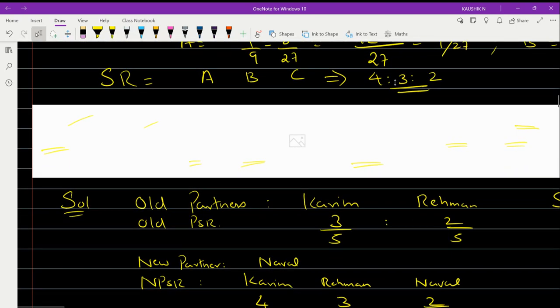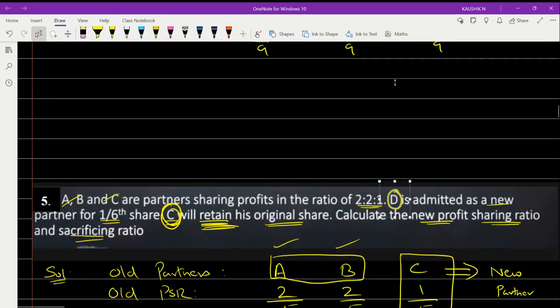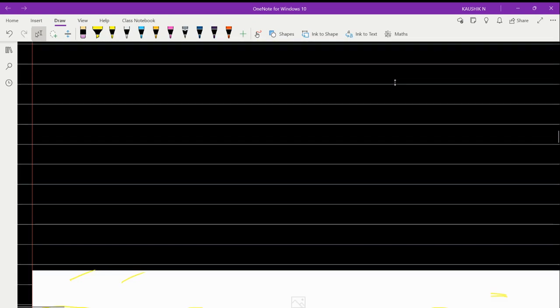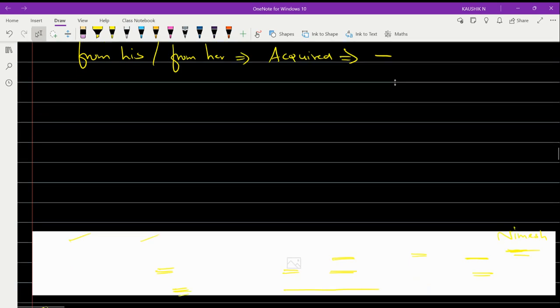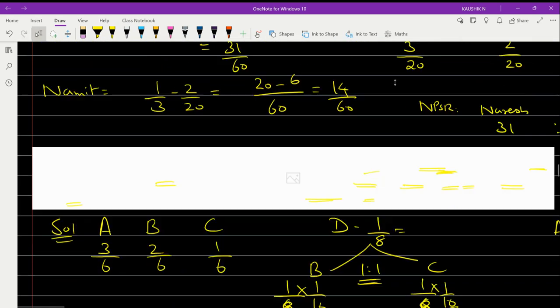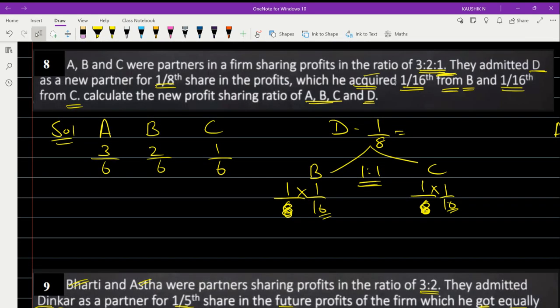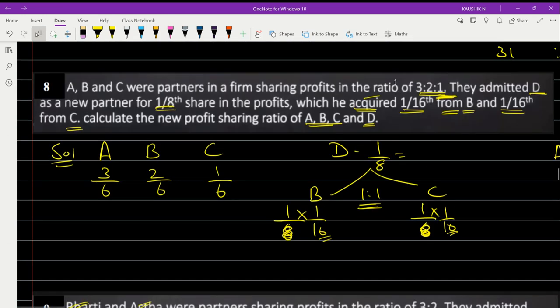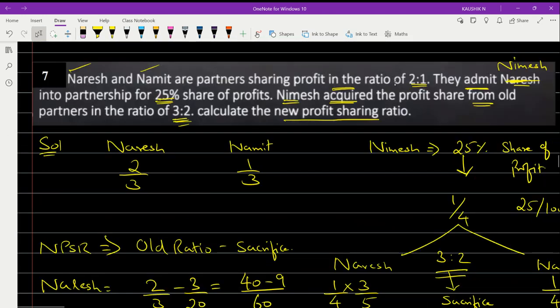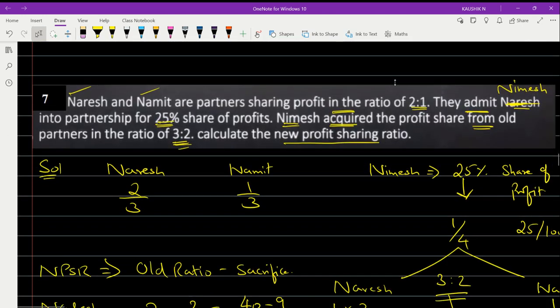Do you have question number 8? Okay. So we have done that question number 8 too, right? We have done it, Kabir, that problem. And even this problem, Naresh, Namit, even this is there in the textbook. Just check it up.